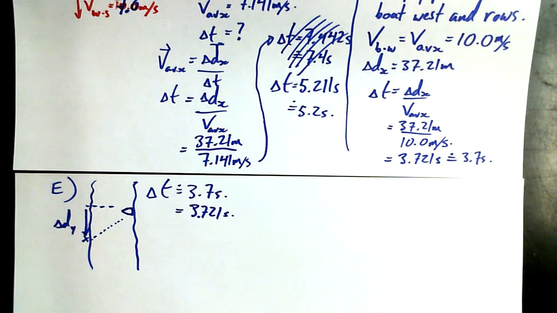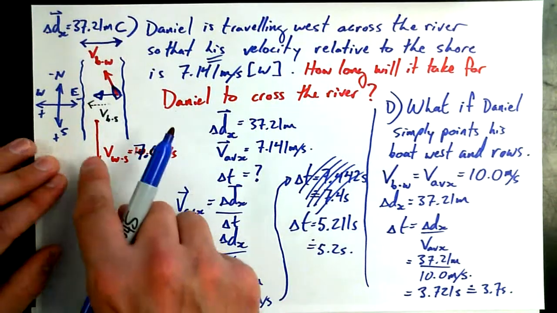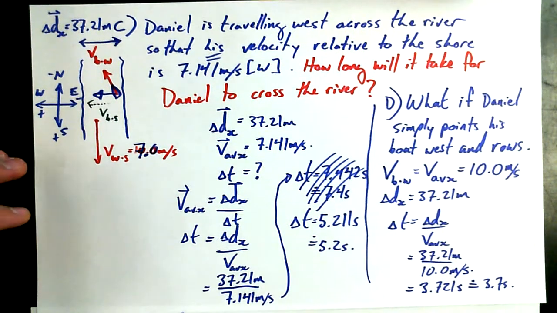What direction of v? Yeah, the y velocity. And if we go back to our original diagram, which of these vectors is going to contribute to my displacement in the y direction? VWS, yeah.